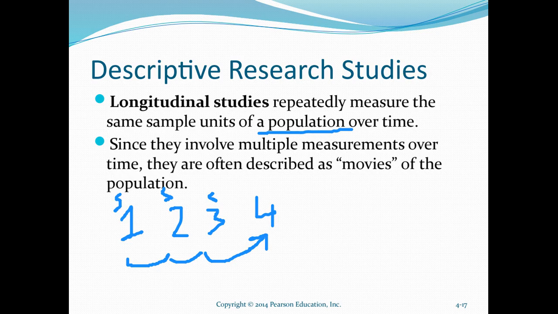Since they involve multiple measurements over time, they are often described as movies of a population. So they are telling us something about the individuals that was not known earlier, and that might give us good detail about the individuals, which could not be captured when we were doing the cross-sectional research design, in which we just collected the data at one point in time.